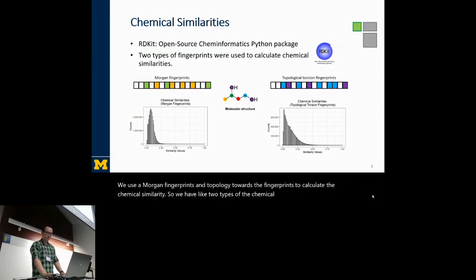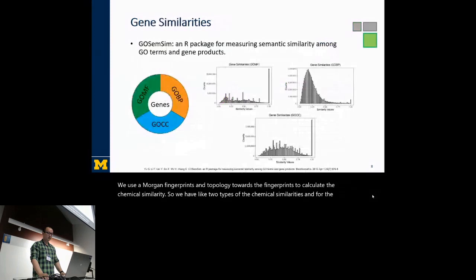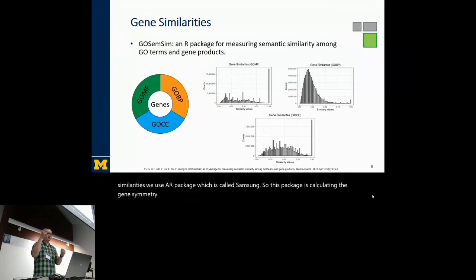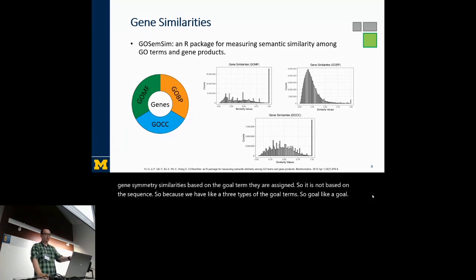For the gene similarities, we use the R package called GOSemSim. This package calculates gene similarities based on the GO terms they are assigned, so it is not based on the sequence. Because there are three types of GO terms, biological process, molecular function, and cellular components, we have three types of gene similarity.